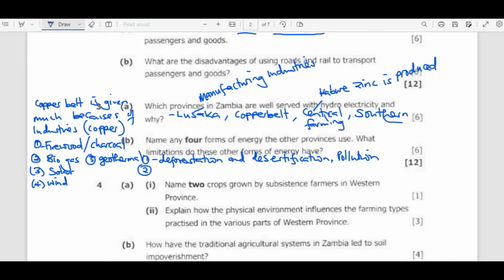So when we look at biogas, we are saying that technology is involved, meaning that it is also expensive. Others may not even afford. So technology is involved, which makes it difficult.